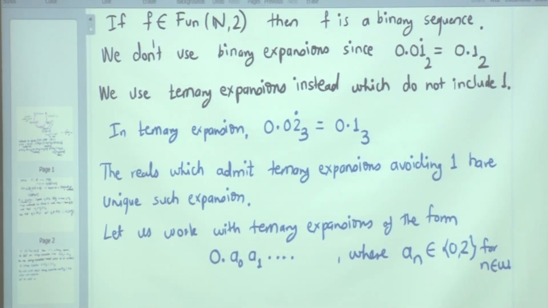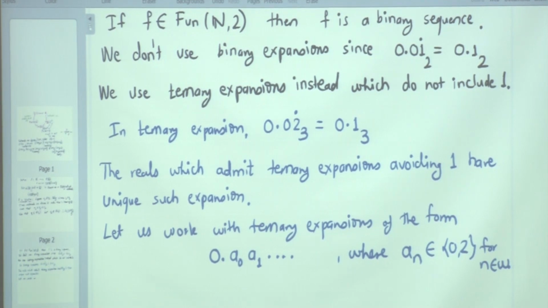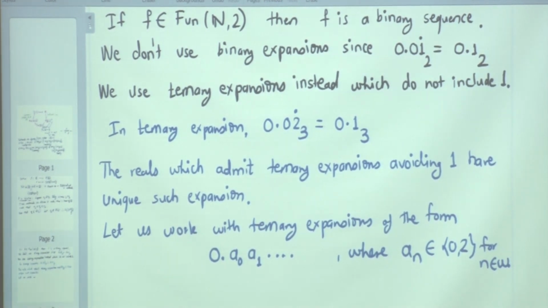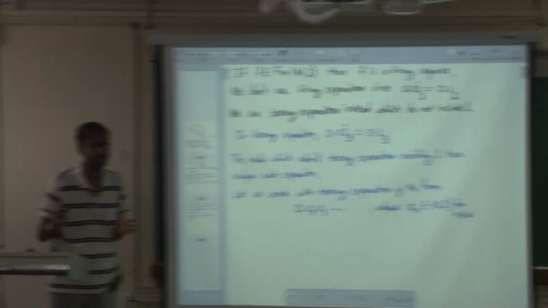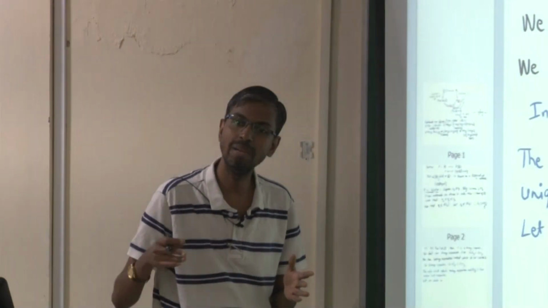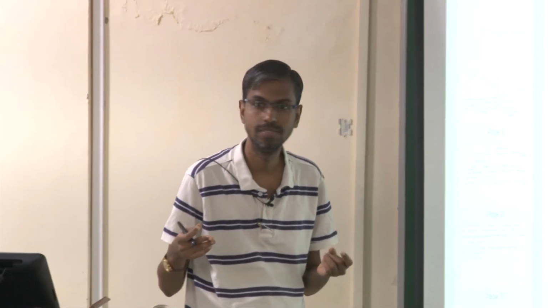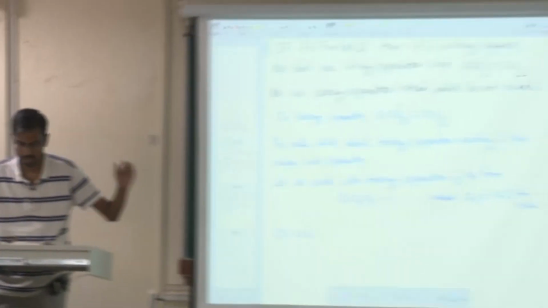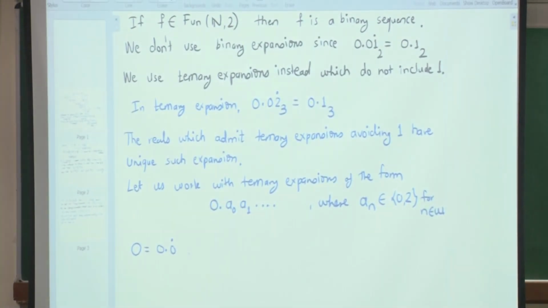Okay, so let us do some examples. Does 0 have a ternary expansion that avoids 1? What will be the ternary expansion of 0? 0.000... Yeah, so definitely 0 is equal to 0.0 repeating. Okay, well done.